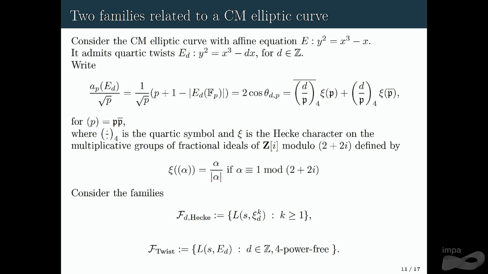So this one really gives you the angle of the primes, or of the point, if I choose the correct representative of my ideal, which has to be the one that is 1 modulo 2 plus 2i. That's very technical, and it does not matter much. The thing is, the number of points of this elliptic curve can be encoded by this character, which has infinite order. Let's keep to that.